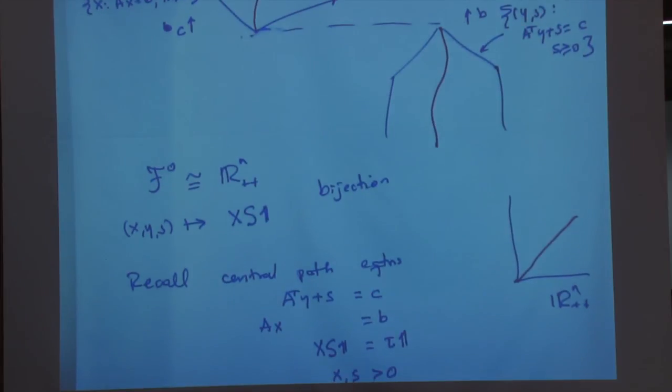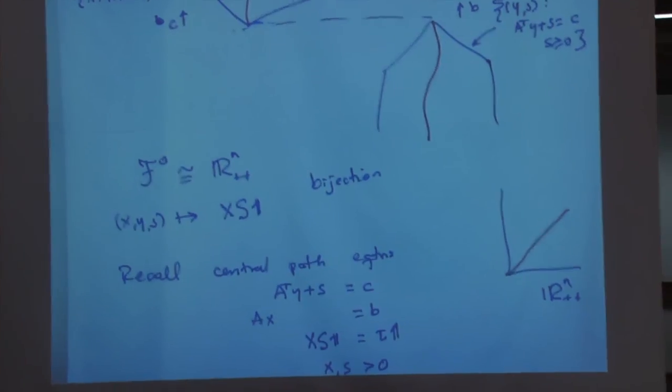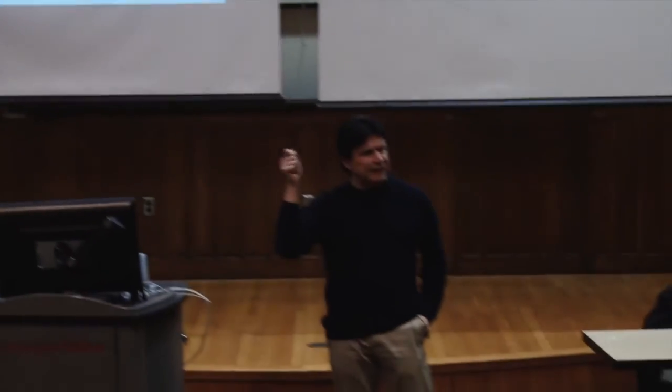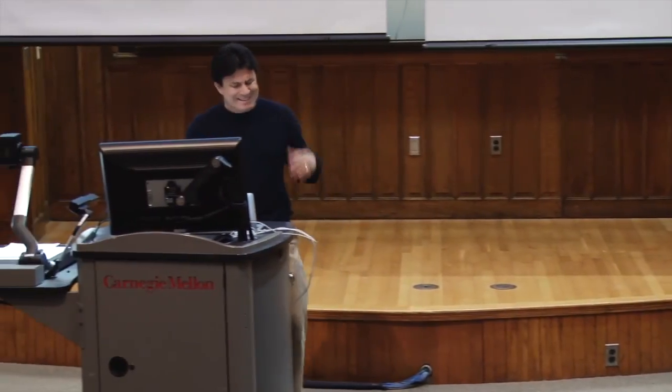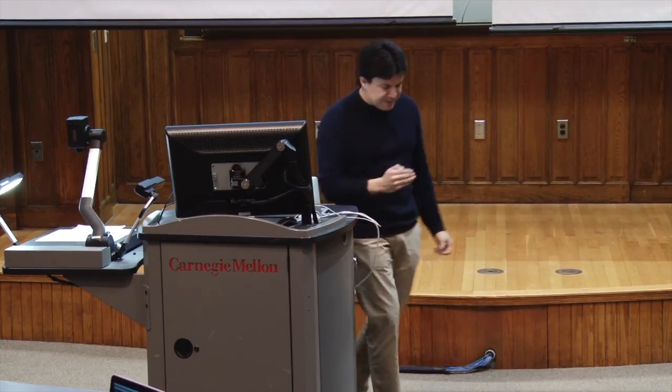Now, the key step of the algorithm, and this is something I realized from questions I got after last time, is something we want to look at again, because what we are discussing today is taking a step further. The key step in the algorithm is to update our iterates.